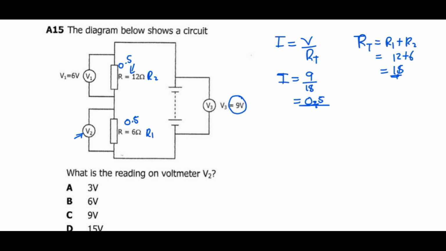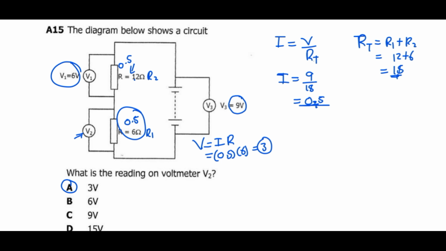So let's multiply 12 times 0.5. 12 times 0.5, we get 6 volts. This is how this came. Then we'll say 6 times 0.5, because we know that voltage is equal to current multiplied by resistance. So if our current is 0.5, and our resistance is 6, then we'll be able to get 3. So our answer is 3.